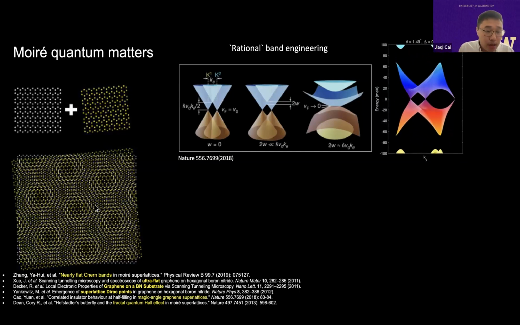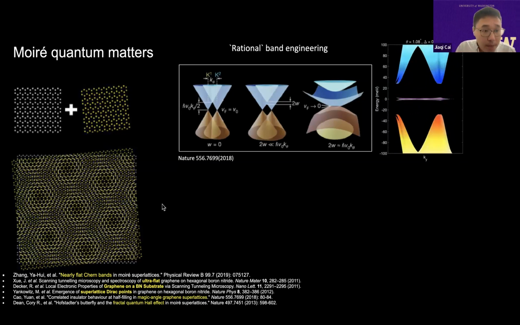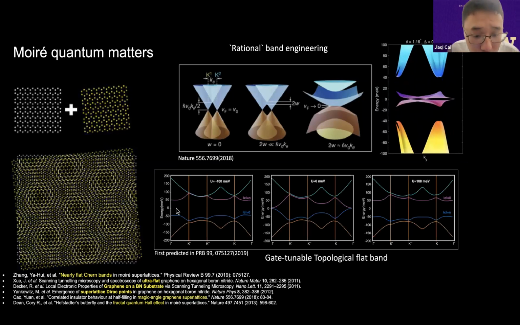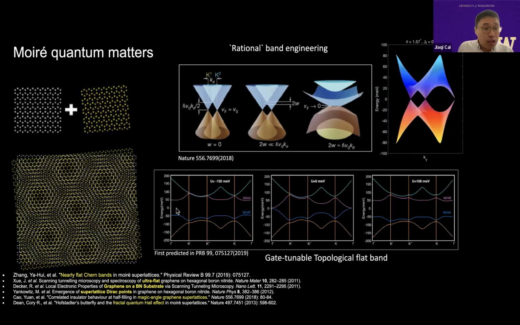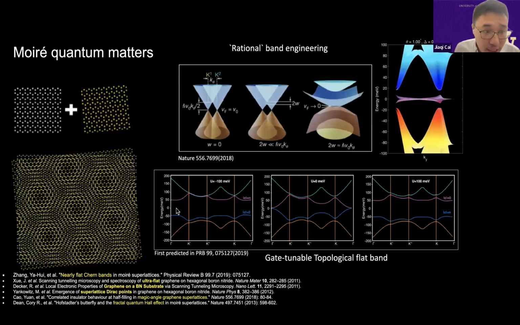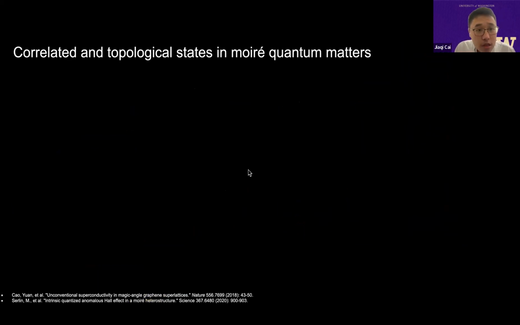So the Coulomb interaction starts to play a very important role in that system. And another thing that people actually found is you can get this gate tunable topological flat band. Basically, you match something that we need for fractional quantum anomalous Hall effect. Okay, that's why we choose this system.